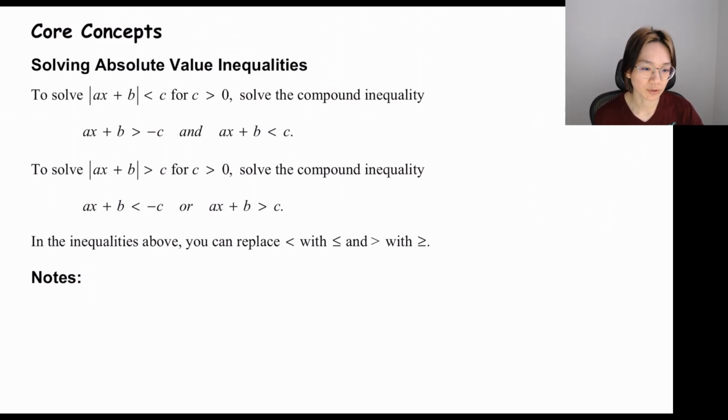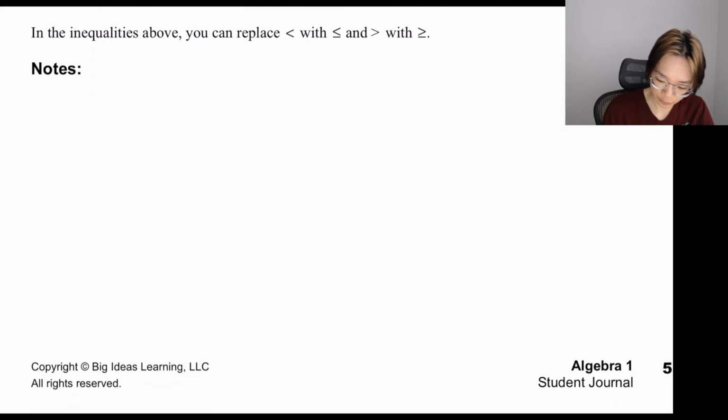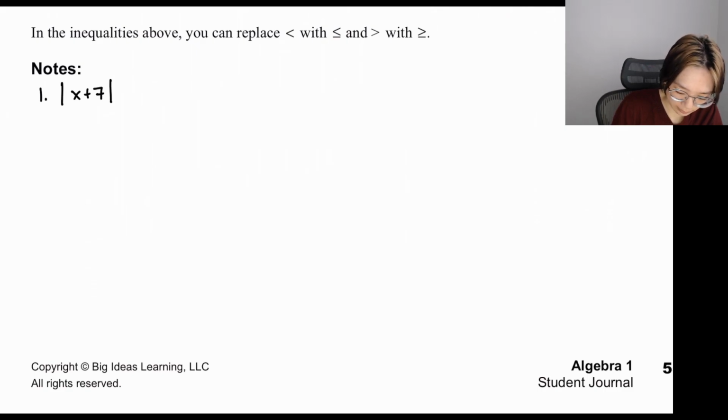It might be a little bit confusing, but just to go over some examples. Here we have an example of absolute value of x plus 7 is less than or equal to 2. Should I do this here or in the other one? I think I'll do this.